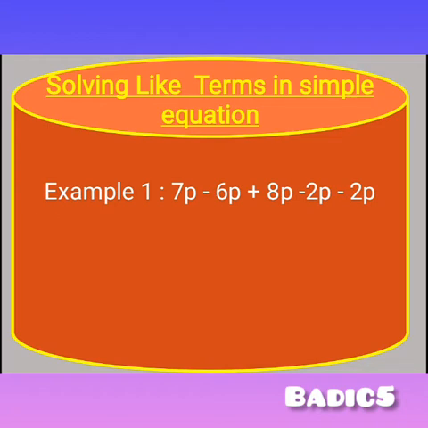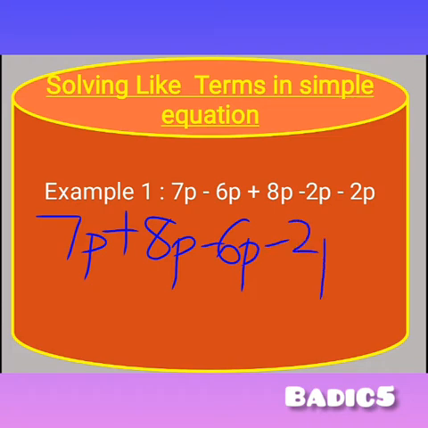So we do this. 7p plus 8p minus 6p minus 2p minus 2p. 7 plus 8 is 15. 15 minus 6 is 9. 9 minus 2 is 7. 7 minus 2 is 5. So we have here 5p. Final answer. All I did was just to rearrange the question by bringing the positive number forward and I send the negative behind. That's all.